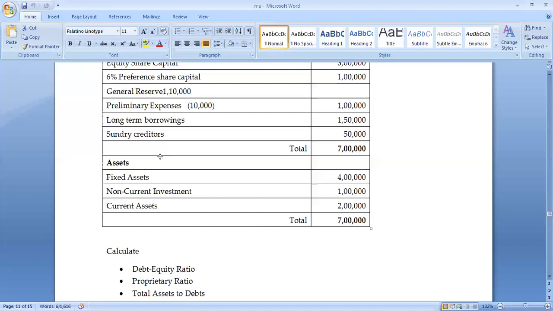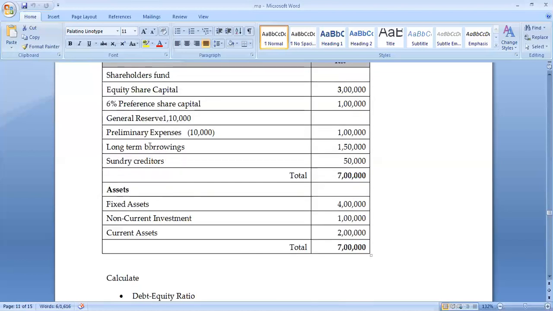Debt is given, instead of debentures, here as long-term borrowings. So all the long-term borrowings will be taken here. So long-term borrowings as 1,50,000.